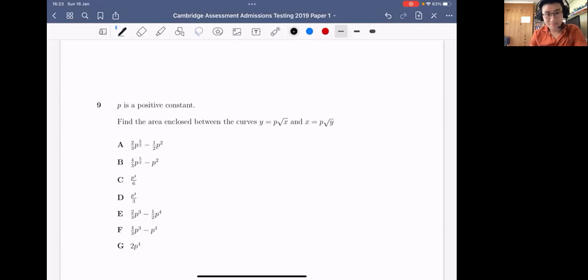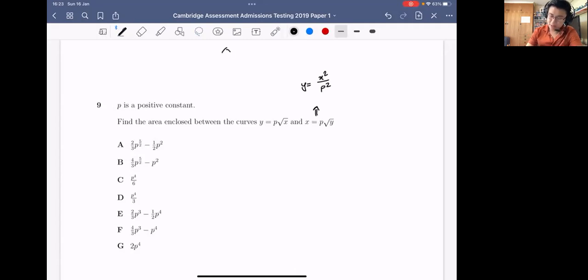Okay, question 9. P is a positive constant. Oh, finally. This one I definitely can do. All right. So we rewrite this as y is equal to x squared on p squared.